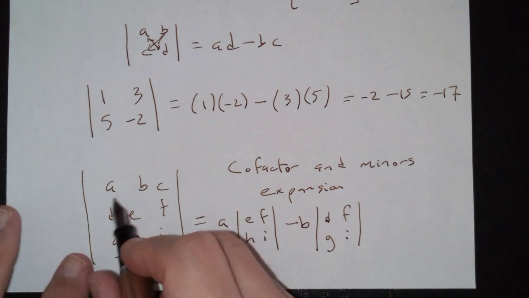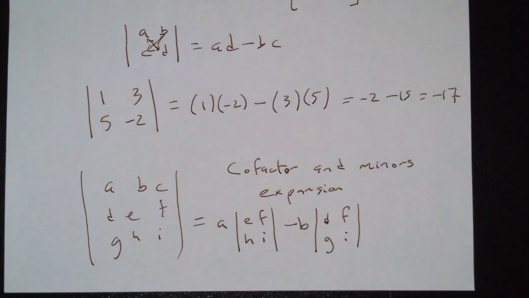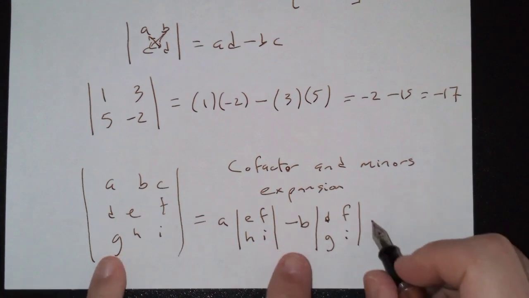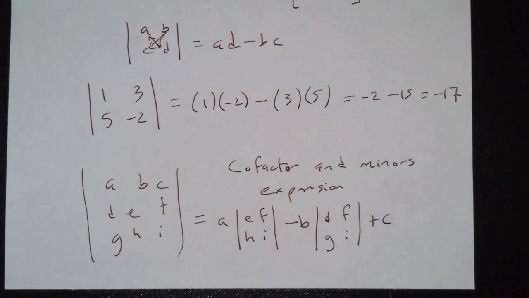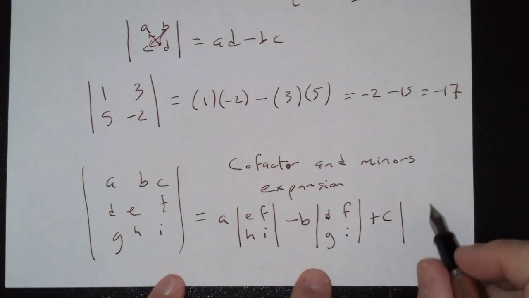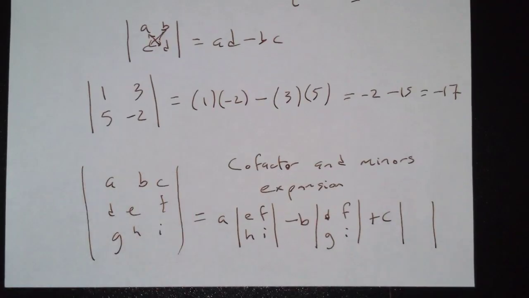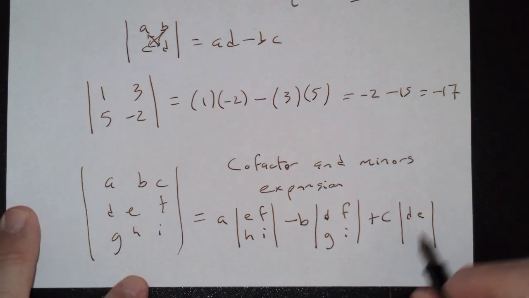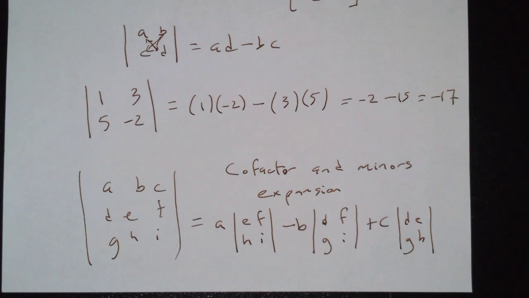And then I move over again, move over to C. I change signs. And I cross out everything in the top row and everything in the third column, and I'm left with D, E, G, H.